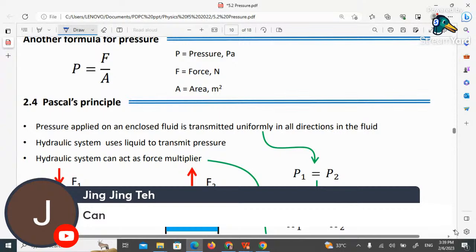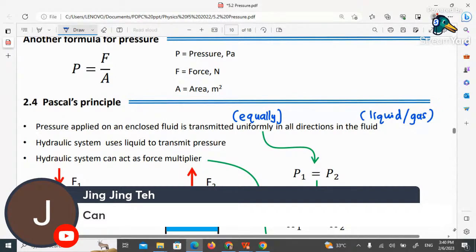Okay, Pascal principle: pressure applied on an enclosed fluid is transmitted uniformly or equally in all directions in the fluid. Fluid here is either liquid or gas. Okay.